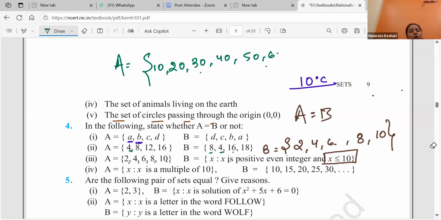These are the multiples, or the table of 10. Let's match it. A 10, B 10, A 20, B 20, A 30. B also has 30. But what about this 15? What about this 25? This type of number will not come in multiples of 10, right? So A and B are not equal.